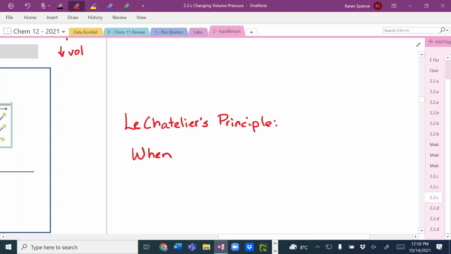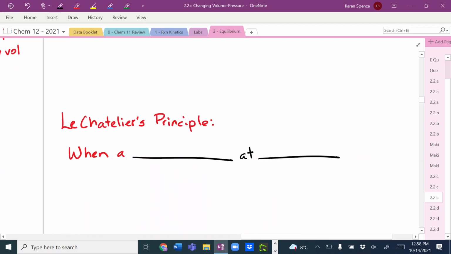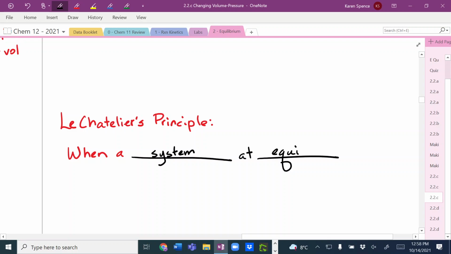When a system at equilibrium is stressed, or subjected to a stress, but I like stressed because that's simple and short, yes?